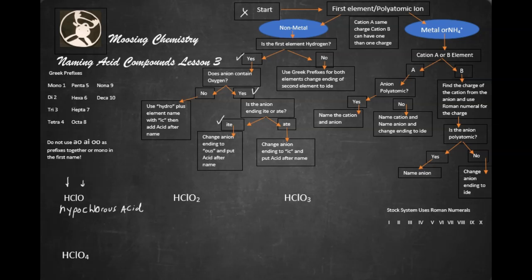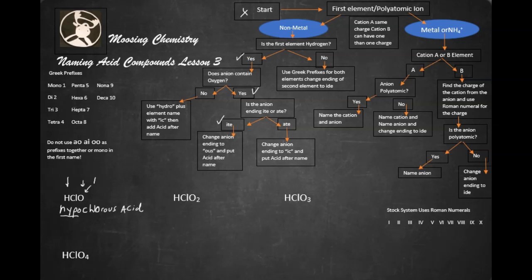So we use the term hypo when we have only 1 oxygen, when we have a compound that has 4 variations using the same elements.